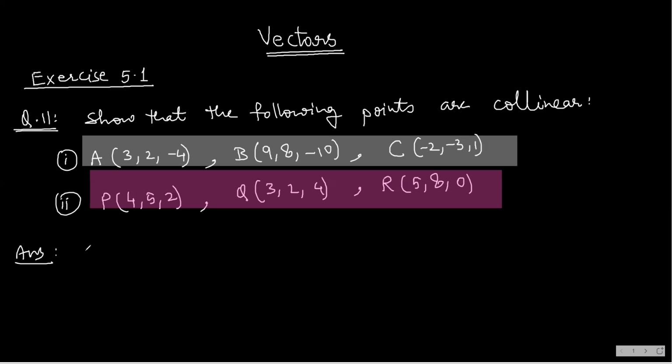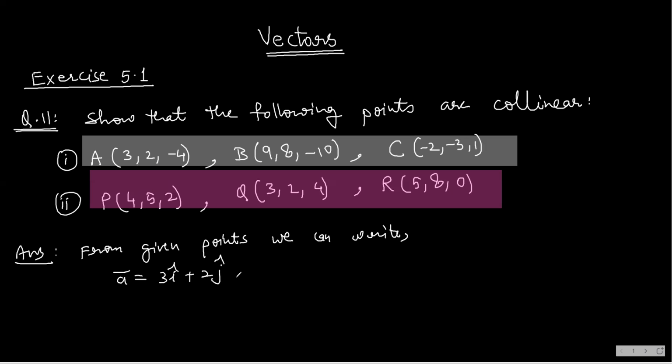So from the given points, we can write A bar equals 3i cap plus 2j cap minus 4k cap.